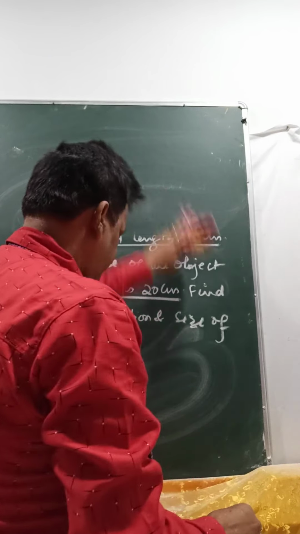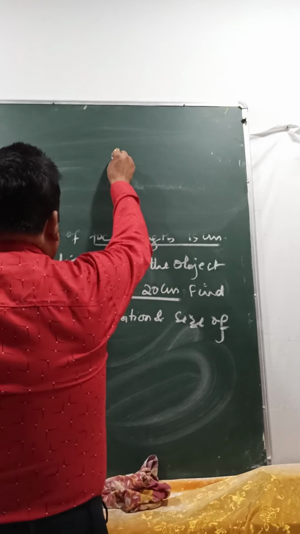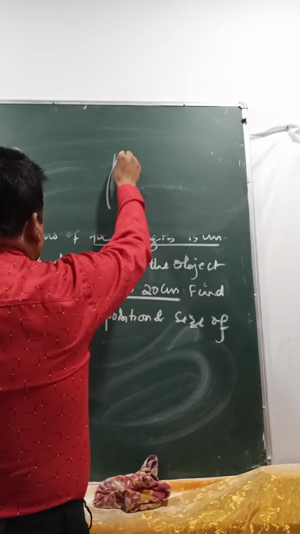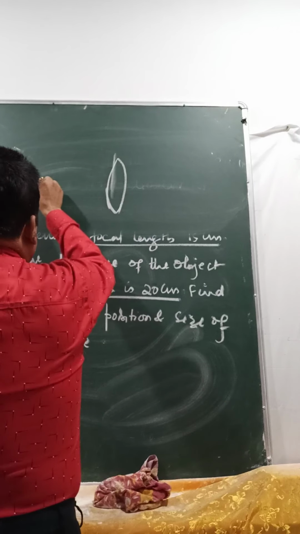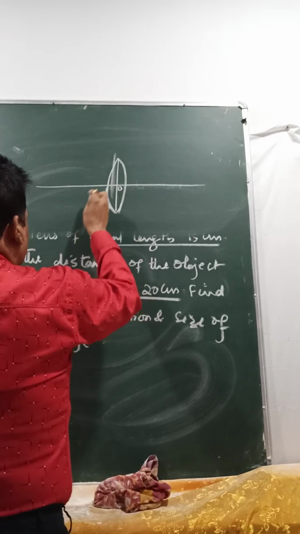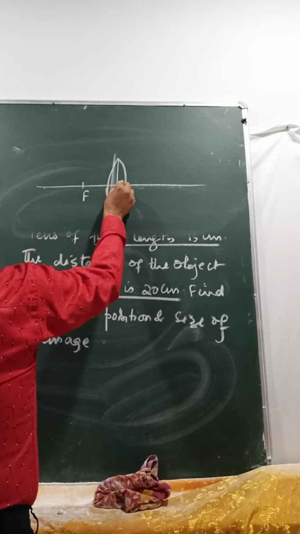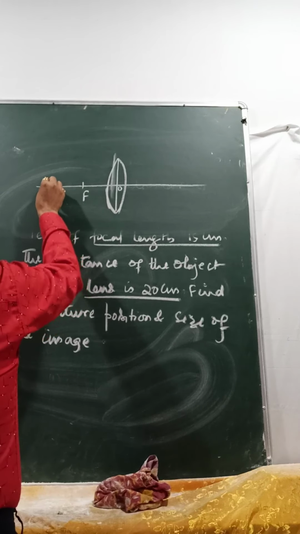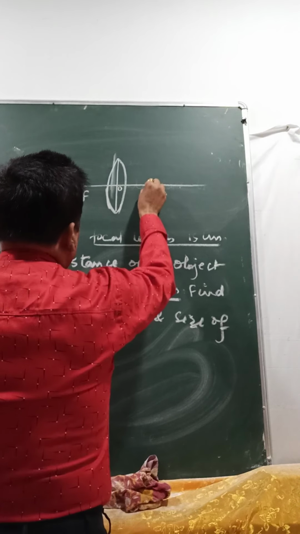Okay, let's take one. A convex lens. If I consider this is O, this is F, then this distance should be almost same. C1, this distance should be same.